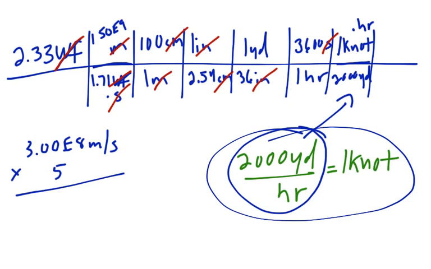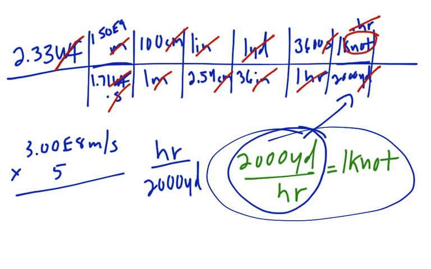You flip it. Hours over 2,000 yards, and you multiply, right? You multiply by the reciprocal. So I should have hour on the top, which I do, and 2,000 yards on the bottom, which I do. Now that's good because yards were on the bottom and on the top, and hours were on the top and on the bottom. And so, aha, I found you, knots.